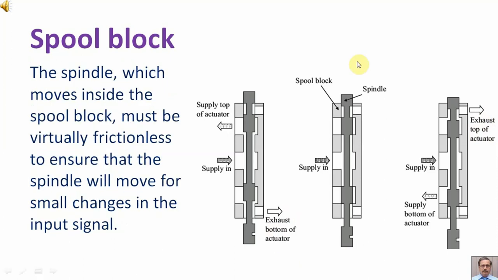The spindle which moves inside the spool block must be virtually frictionless to ensure that the spindle will move for small changes in the input signal.